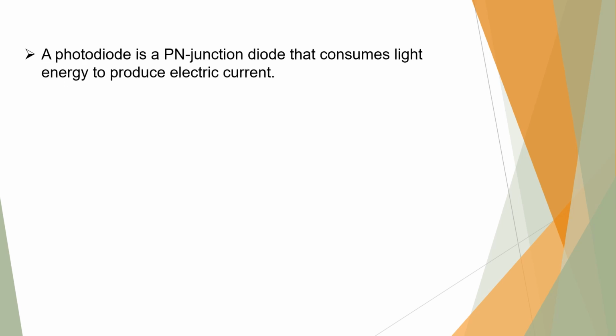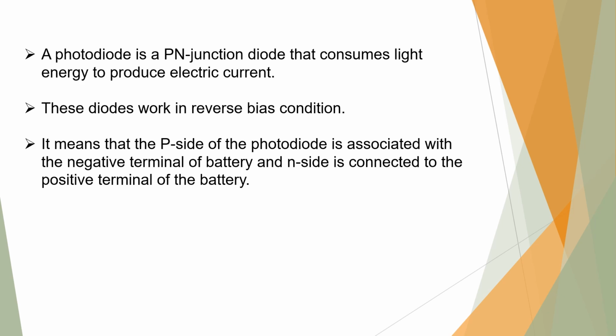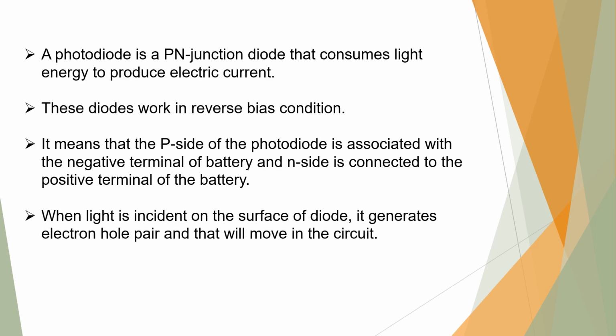This photodiode consumes light energy and produces electric current. This works in reverse bias condition as we told earlier.